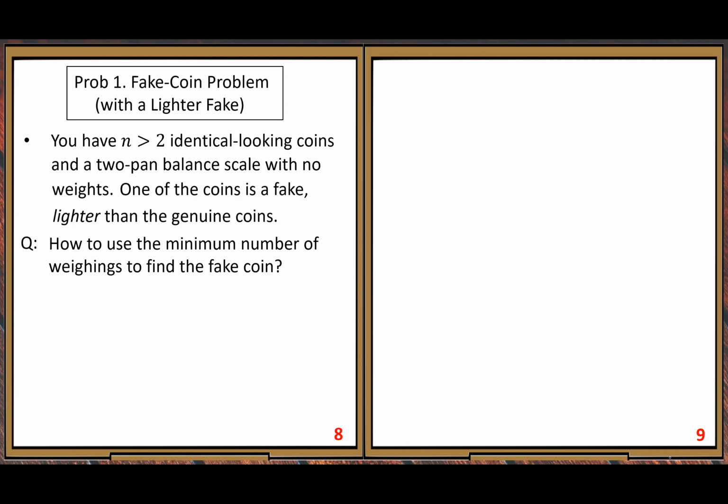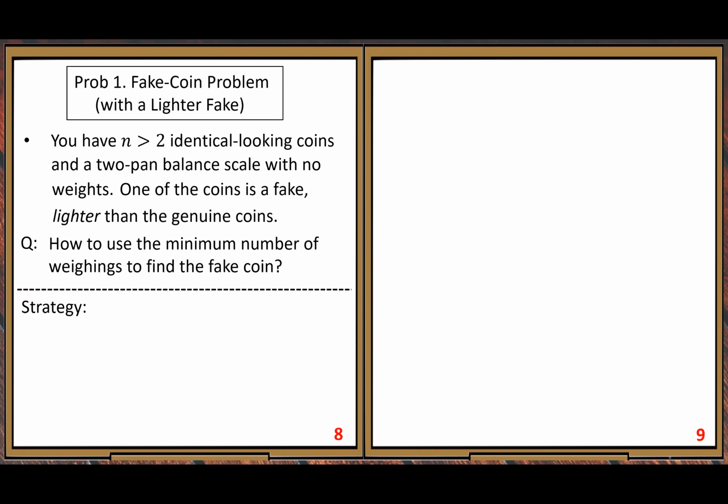I would say it's natural thinking: split in half. Why split in half? Because you can put them on the 2 sides of the balance scale. It's natural thinking, but it may not be the best. Can you do better than that?